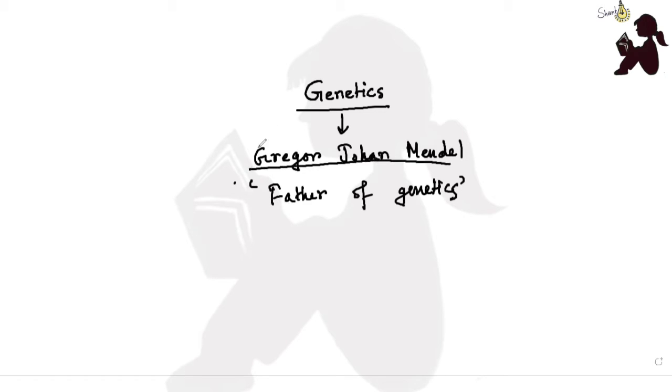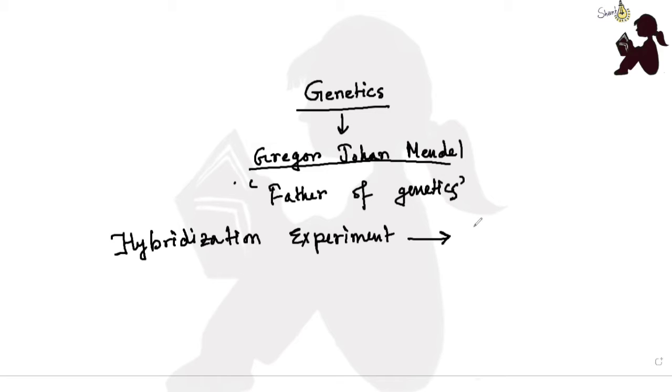Now, Mendel experimented a lot before giving the theories on genetics. First of all, he conducted the hybridization experiment. And for this, he selected the garden pea plants.